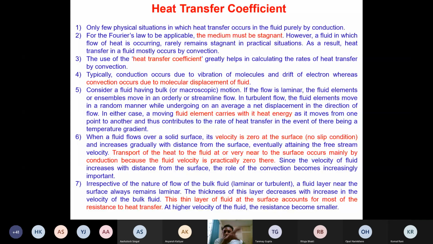And the more the random movement of the fluid particles, the more the mixing of the fluid elements will take place, and that will facilitate better heat transfer, isn't it? In the laminar case, there is lower heat transfer compared to the turbulent case. But most of the resistance is in a very thin layer which is close to the wall, which mostly remains in a laminar region. Okay, is it clear?